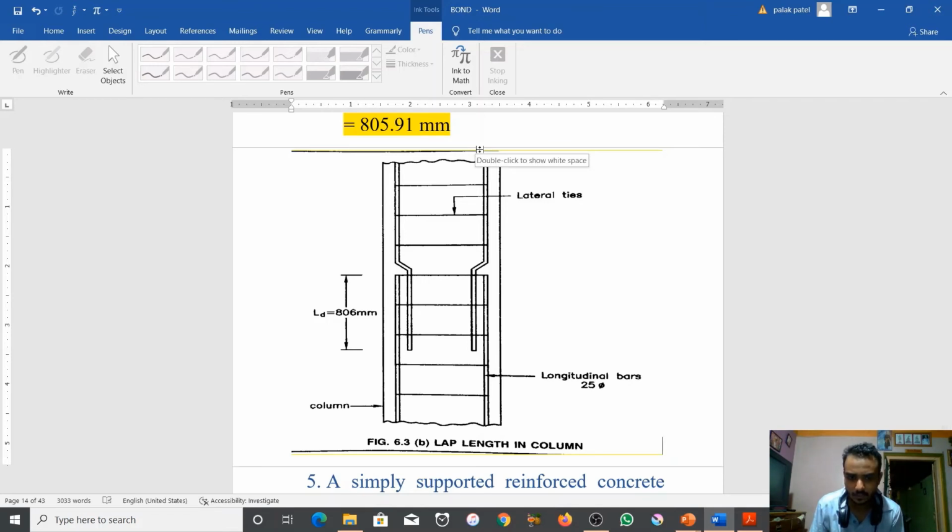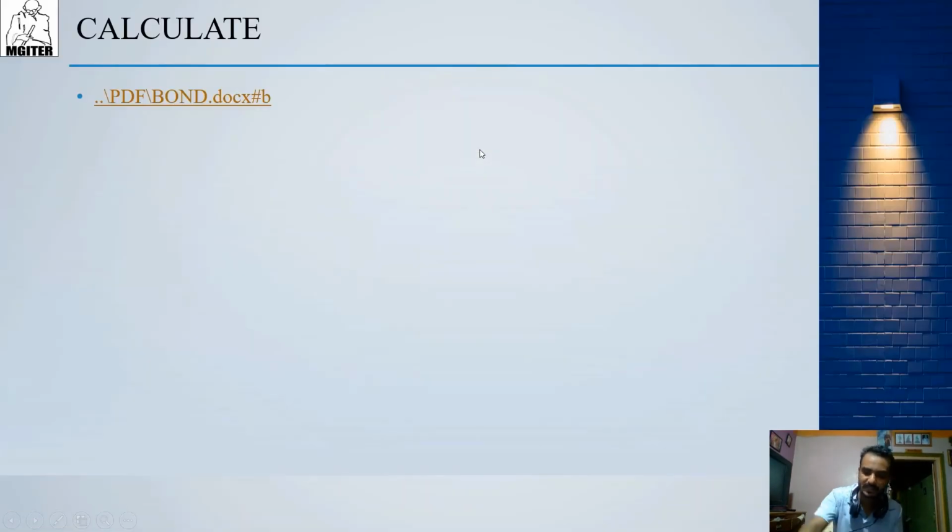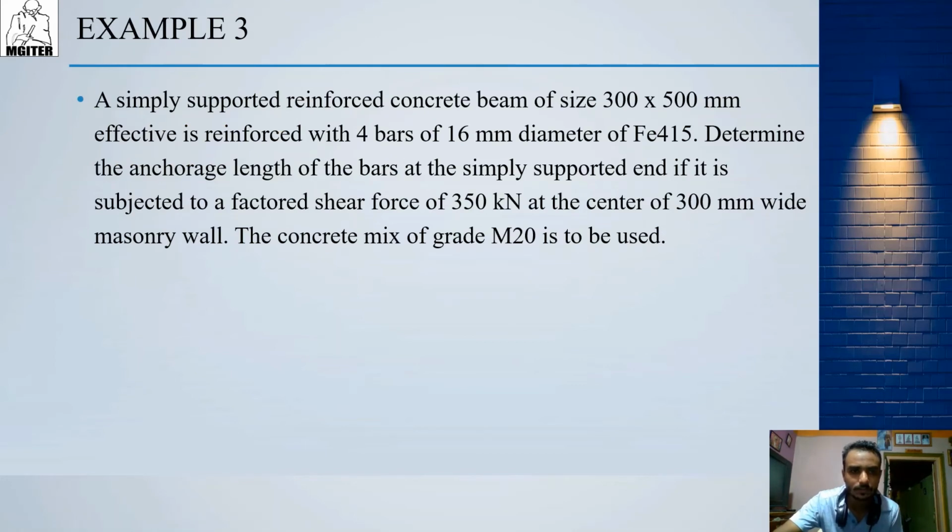And you can see its lap length is 806 mm. So this is the development length, 806 mm. So your second example is completed.